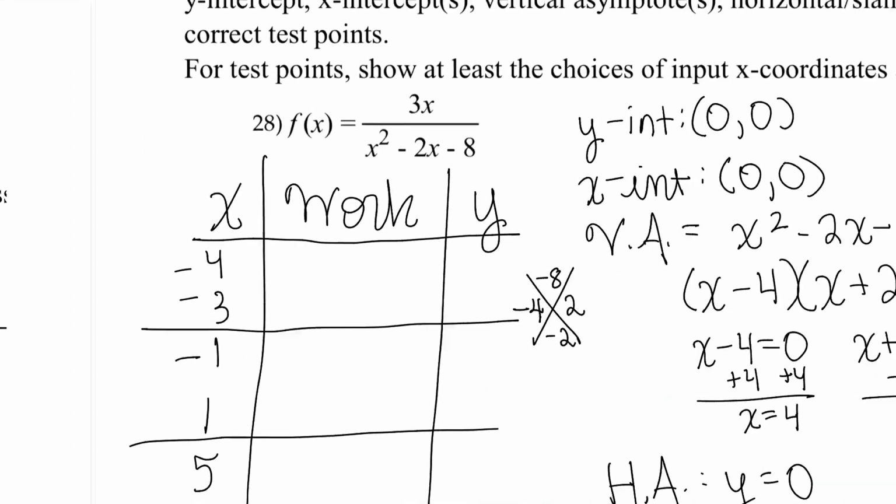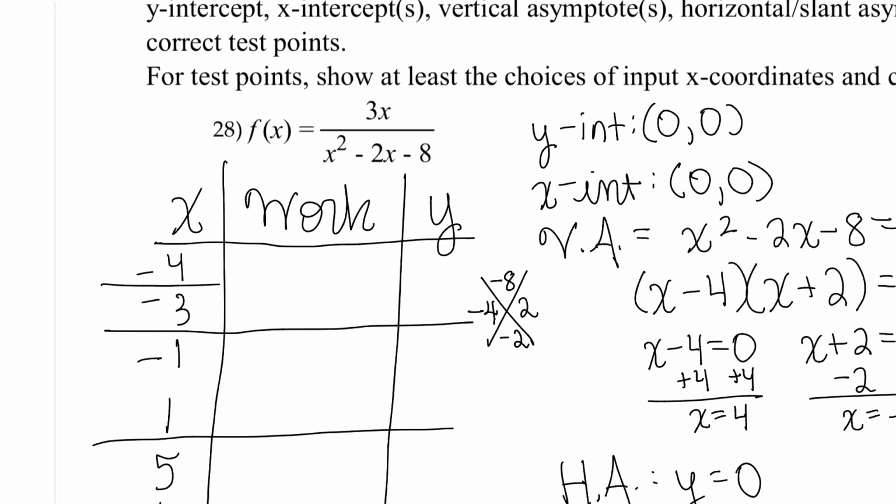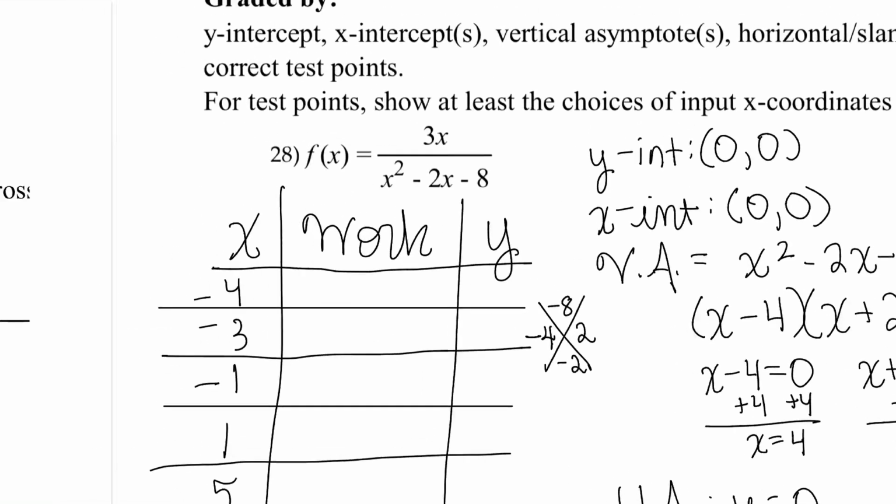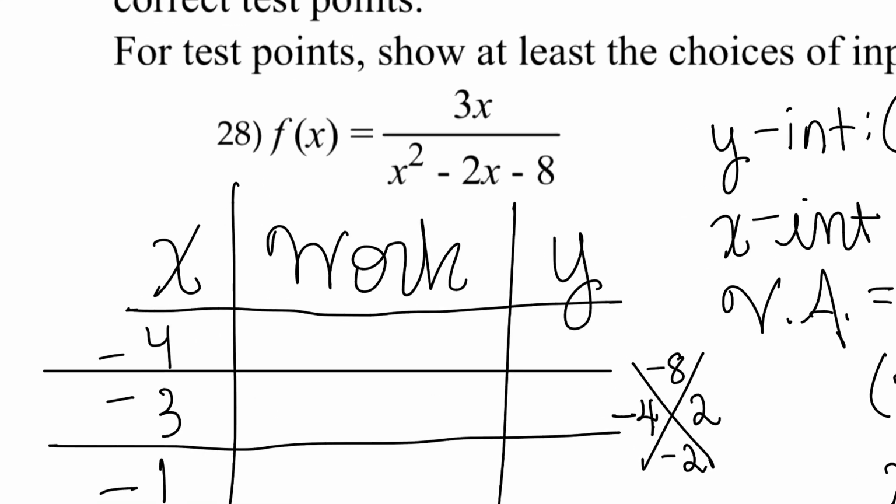When I plug in -4, see if we can make this a little bit organized here. When I plug in -4, I'm going to get 3 times -4 over -4 squared minus 4 times -4 minus 2 times -4 minus 8, which is going to be -12 over 16 plus 8 minus 8.